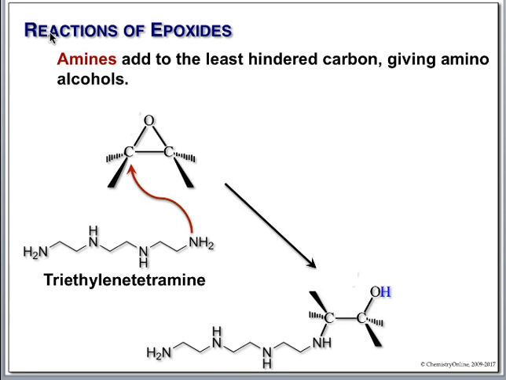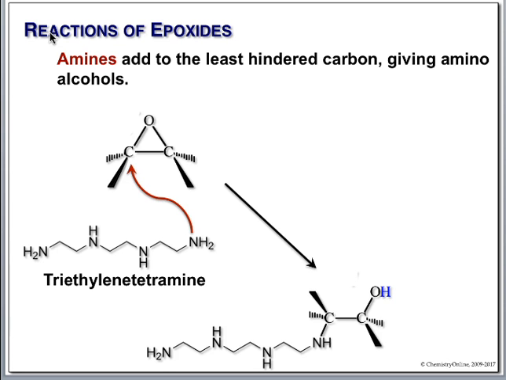Now we still have 1, 2, 3 amino groups, don't we? And those are going to react with more epoxides and do the same thing. This is how you get a huge cross-linked web of organic molecules, and that's called epoxy resin.